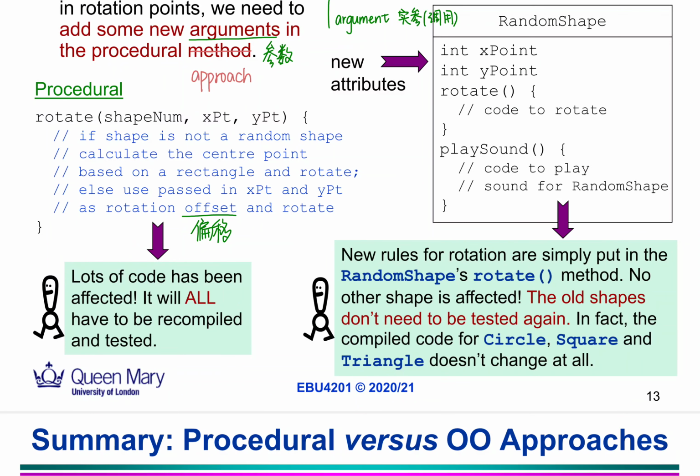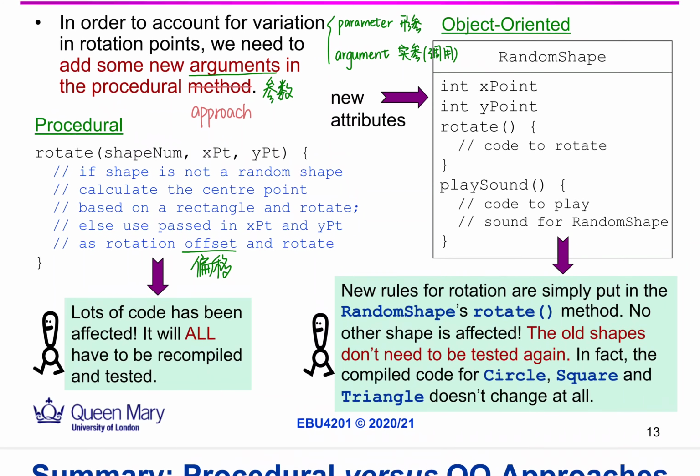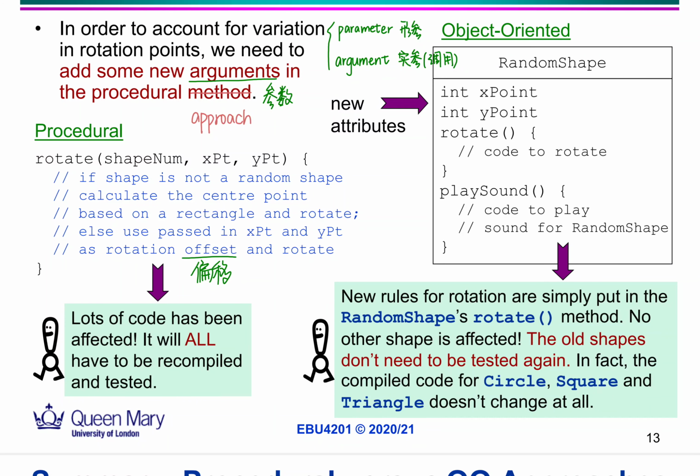But if we do this in procedural programming, I think it is a little difficult, because after the if else, then rotate offset and rotate. When the shape is done, we calculate the center point based on the rectangle rotate.